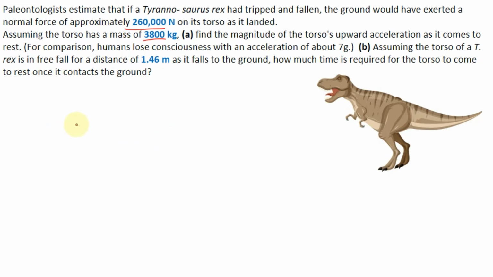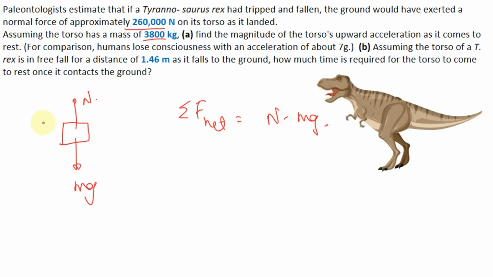If you draw the free body diagram of the torso, we have the mg force in the downward direction and the normal force in the upward direction, right? And the net force equals N minus mg. This is the net force, and this is the acceleration in the upward direction. Now by Newton's second law of motion, N minus mg equals mass times acceleration, and from here a equals N minus mg divided by m.